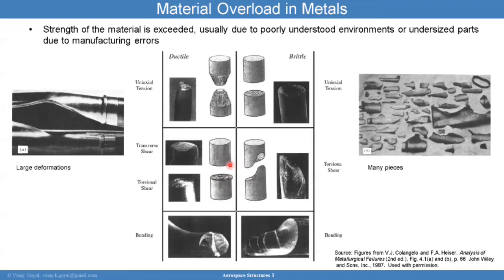And you can also have bending failure, and typically with bending failure, you also see a difference in characteristics. The source for these pictures and images is provided on the right-hand side.